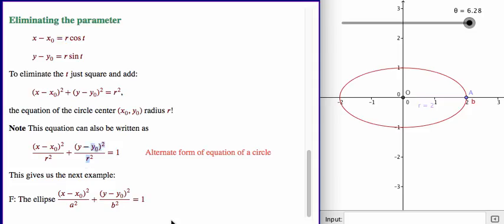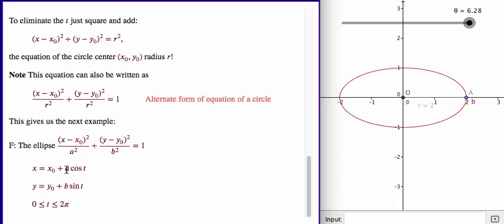So if I change one of them in the parametric equations, all I'm going to get is exactly the same equations, except with two different letters, instead of r, I have a and b. So I'm going to have an a here, and I'm going to have a b here. And that's it. Same, very easy. Now, for polar curves, it wouldn't be so easy, would it?